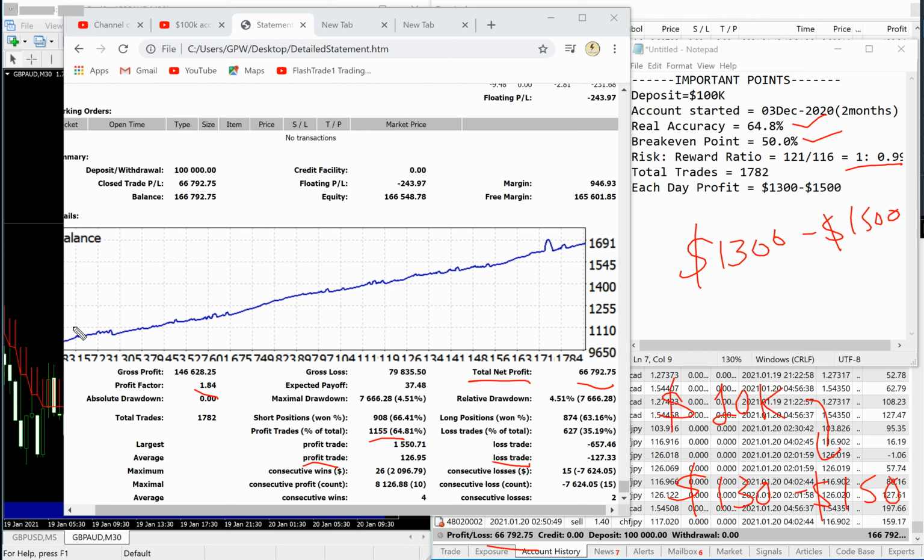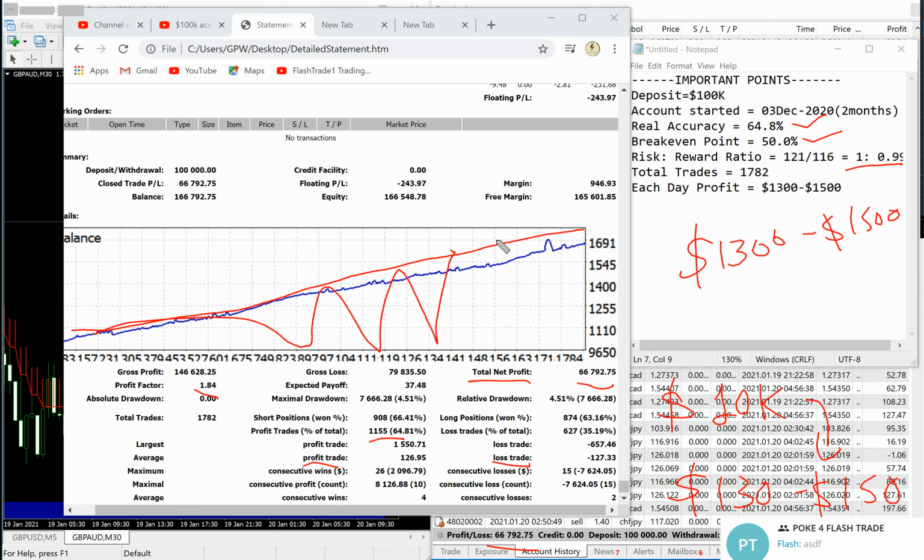Also you can see that this chart is constantly going up, meaning there is no up and down in this chart. If there were ups and downs in the chart, it would mean that the open trades go into loss much of the time.